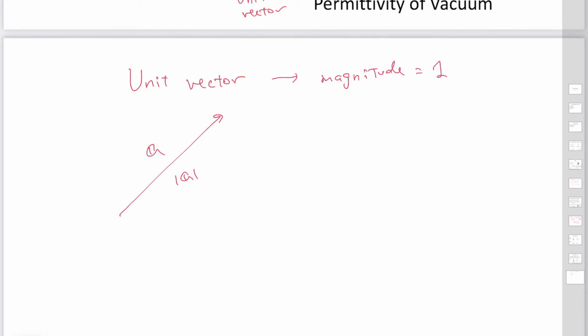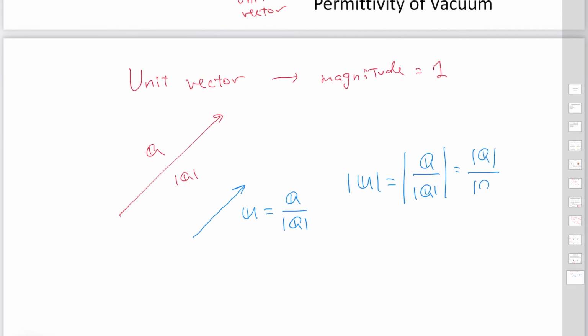To create the unit vector, you have to divide the original vector by its magnitude. This unit vector is expressed as vector A divided by the magnitude of A. Then if you find the magnitude of u, it is A over A, so it becomes 1.